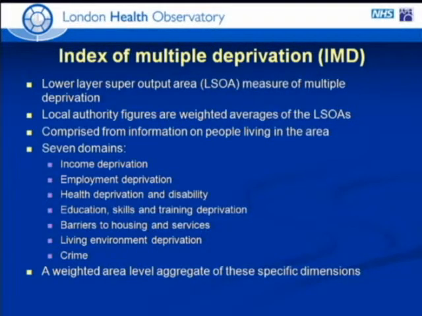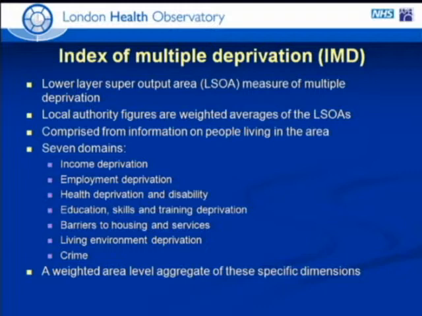So, as I said, one of the indicators used to define the spearhead local authorities was the index of multiple deprivation. And that's an index developed by a university in England. It was initially developed at lower super output area level, and they are really, really small geographies of a few thousand people.